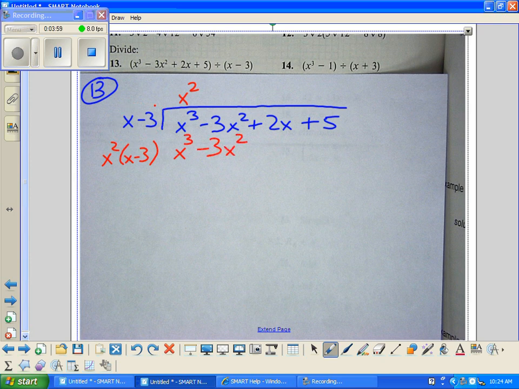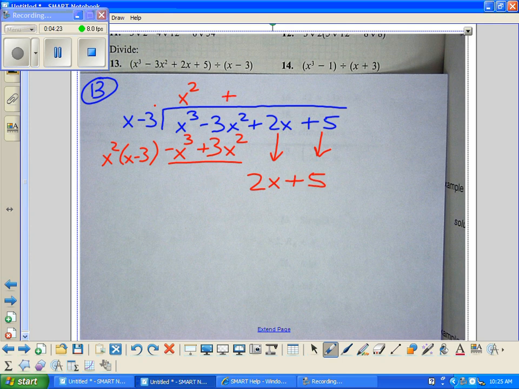All right, we have to subtract, but we don't subtract. We change the signs and add, and I get 0, and I get 0. So then we have to bring down the terms, 2x plus 5. And I could bring the 0 down, but I don't need to show that. All right? So I have 2x plus 5 here. Now the question is what times x gives you 2x?